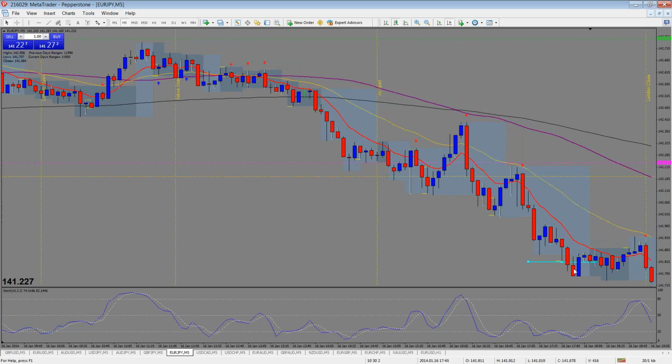Two candles later, it broke and it was successful. We have another inside bar here. Three candles later, it did not break it. Therefore, it's not a valid entry.